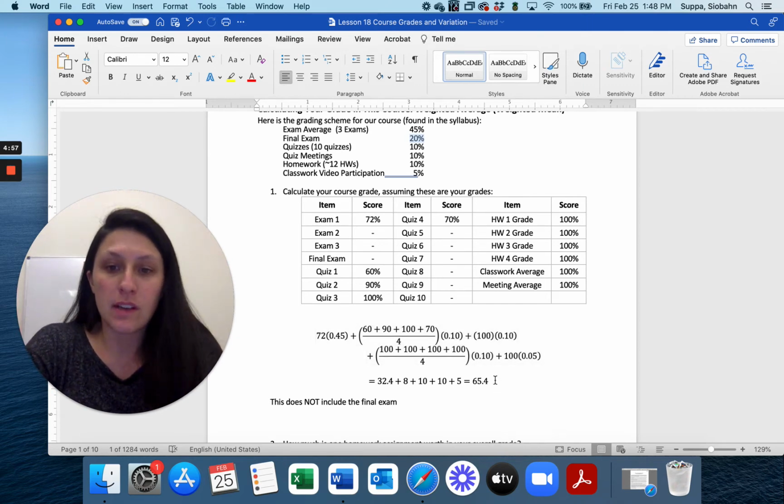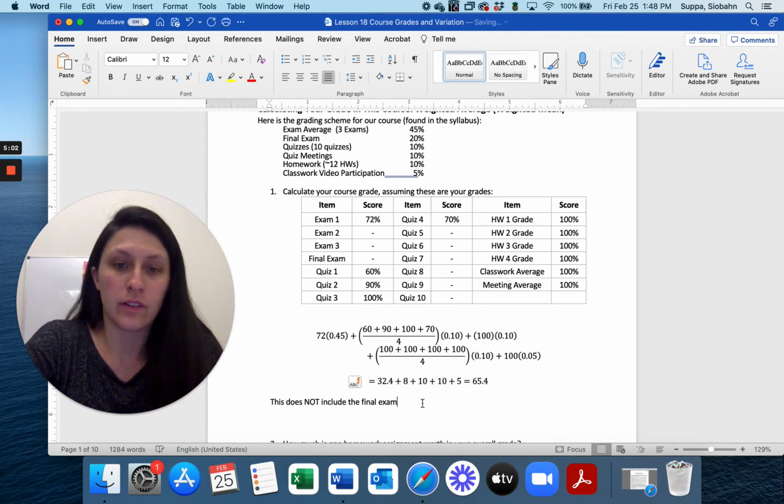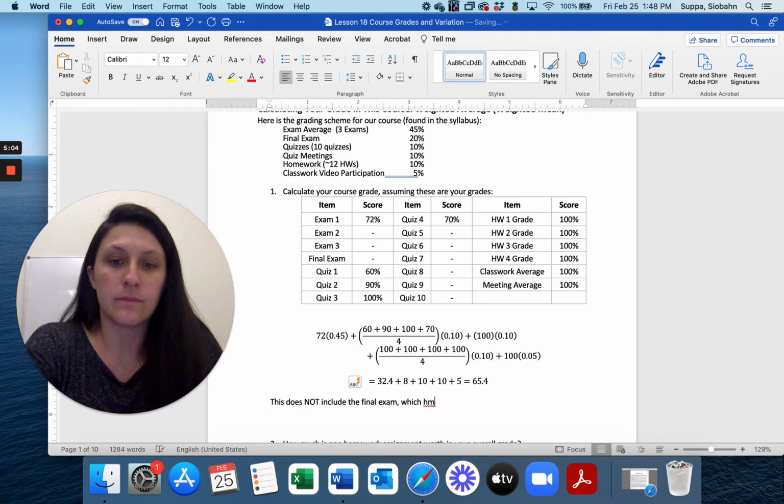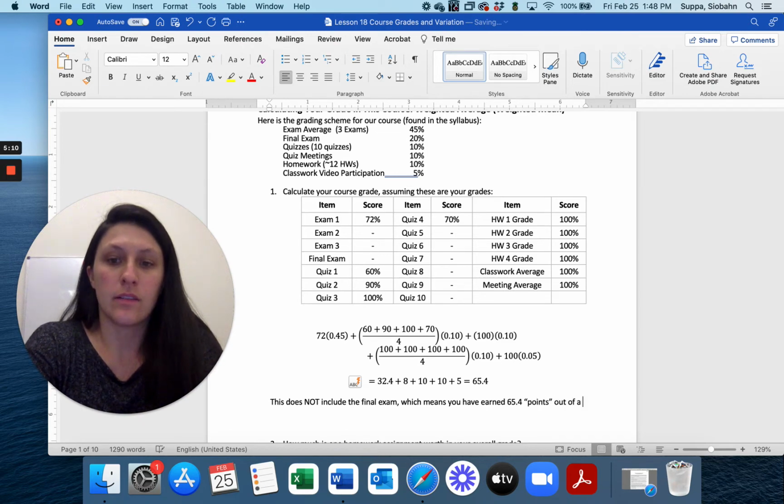But if you think about it in terms of points, you have earned, so this does not include the final exam, which means you have earned 65.4 points out of a total possible 80 points.